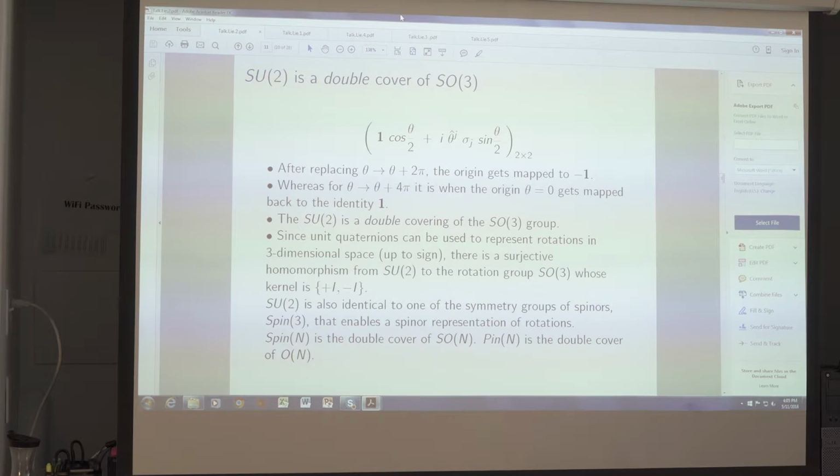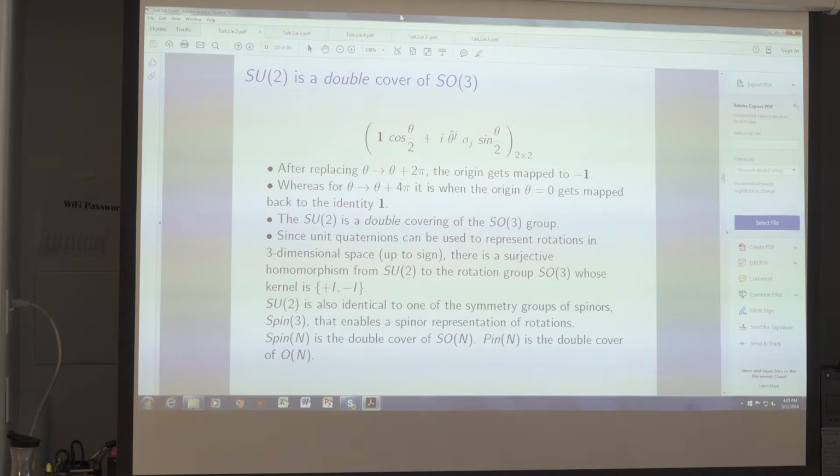Double cover means that when you map, remember, when you have a function y equals phi of x, sometimes you could have 2 solutions to the same equation, like in a quadratic equation. You have a solution and its complex conjugate, or 2 real solutions.